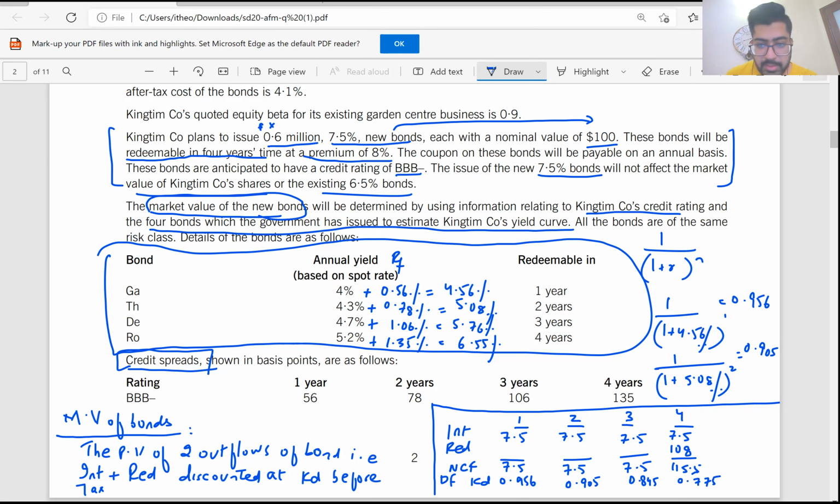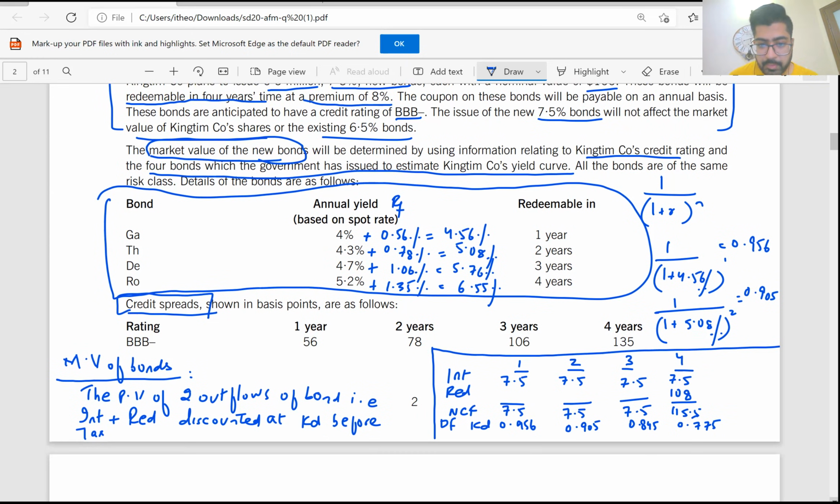Okay, so once these net cash flows are multiplied by the discount factor, we end up getting present values.